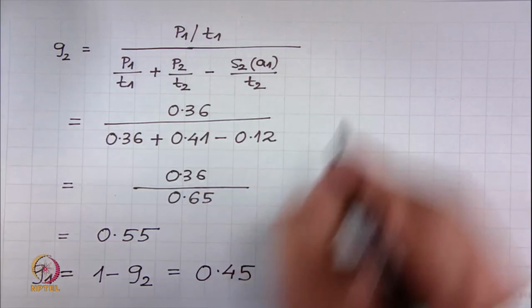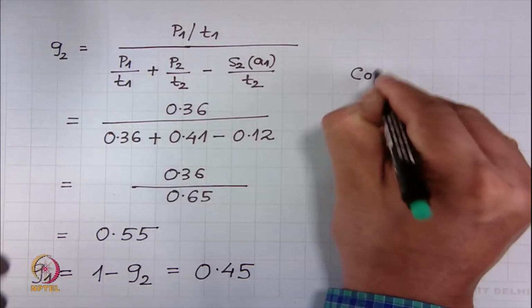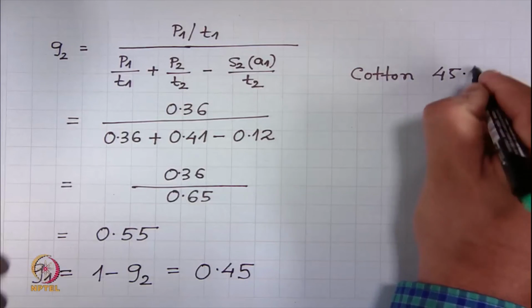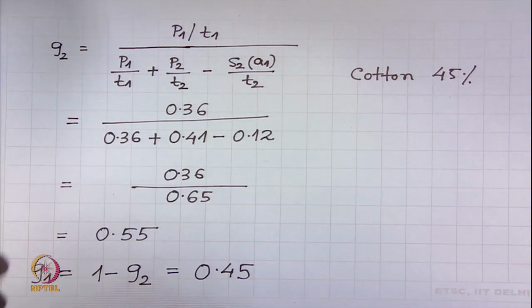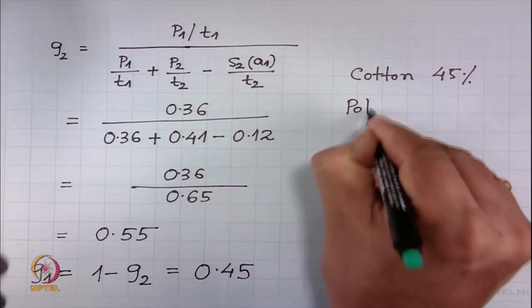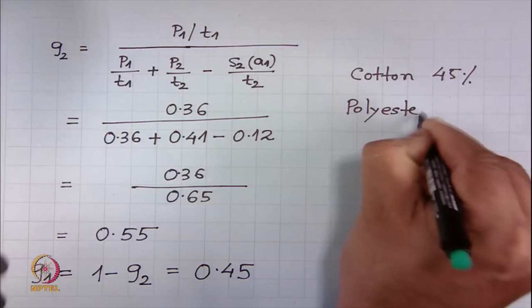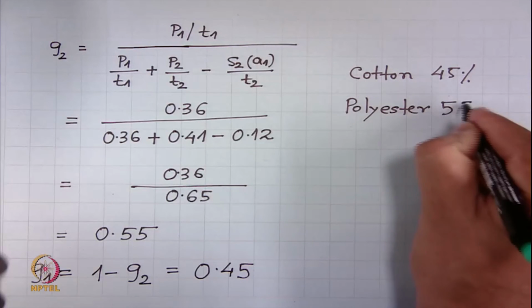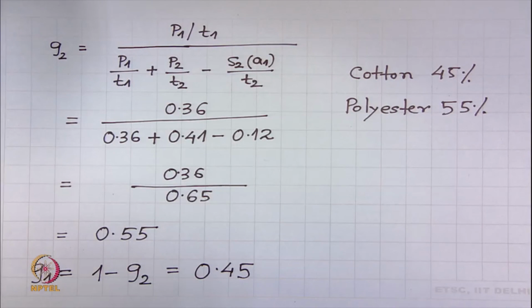When cotton fiber mass percentage is 45 and polyester mass percentage is 55, the resulting bundle gives the minimum strength.